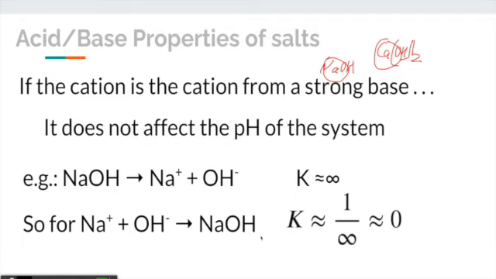So for this to go backwards, because K is essentially infinity, to take OH minuses and get them back together with Na pluses and take that OH minus out of solution to affect pH is virtually impossible, because if you flip this reaction around, that means you have to take the reciprocal of K. So that's 1 over infinity, which is essentially 0. So that means this reaction is not going to go forward to any extent at all. So that has no effect on pH of the system. Cations from strong bases don't affect the pH of the system.